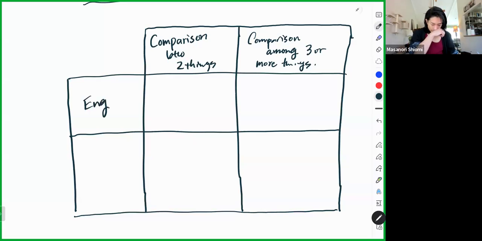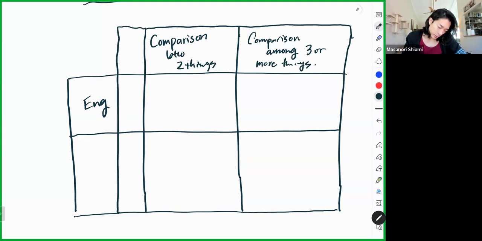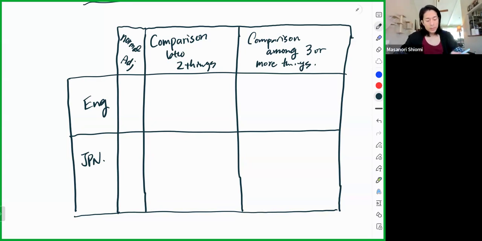Okay. So I guess we can just do normal adjective just to compare, okay? In Japanese. Okay, so normal adjective. Well, what I mean by this is, for example, the word good is what we use normally when we want to use the adjective good to compare between two things.